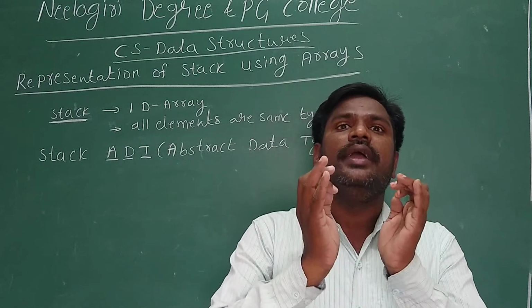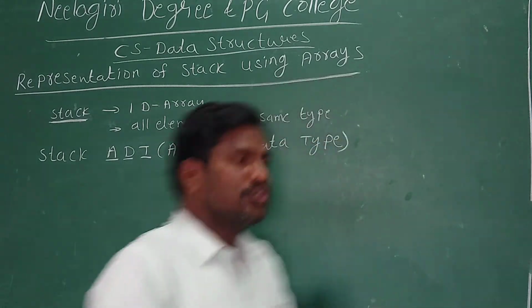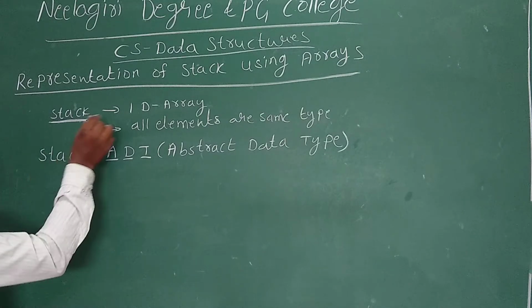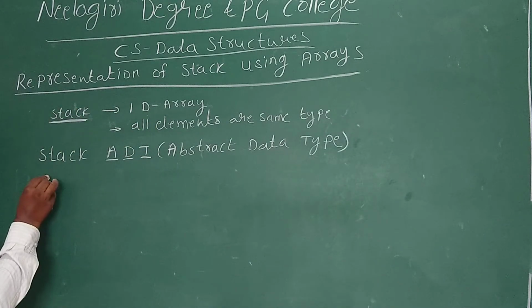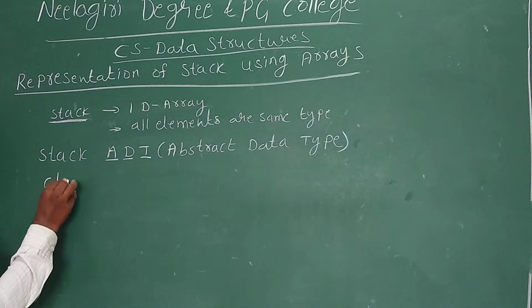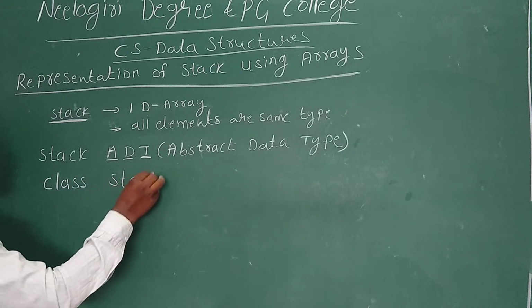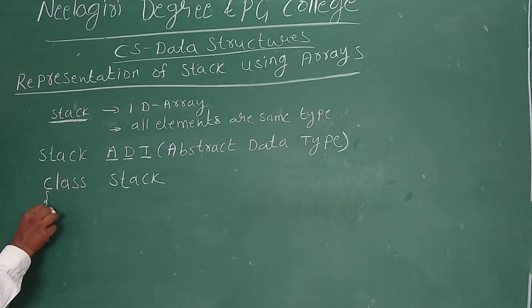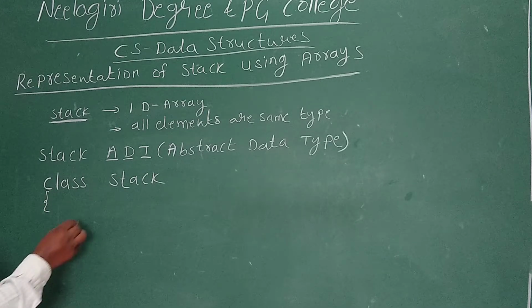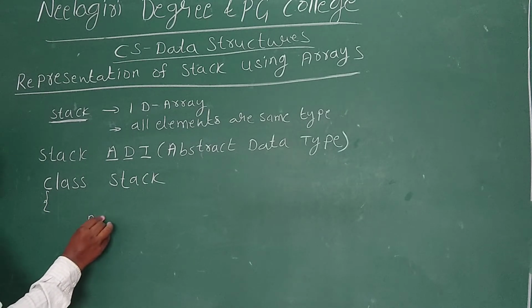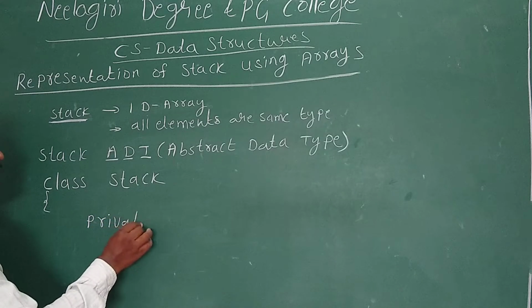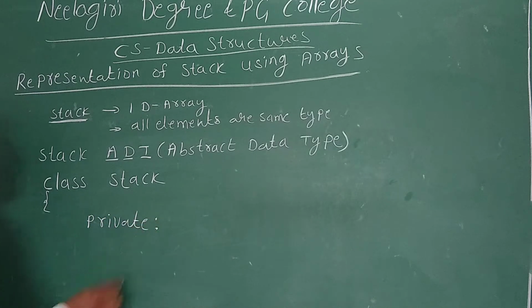Properties means the variables required. When using an array to represent a stack, we have to declare a class for the stack, with private members and public members.